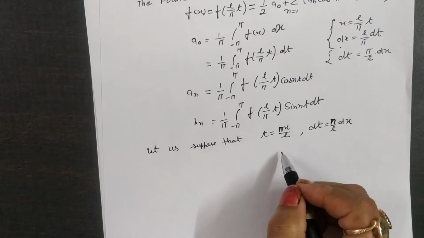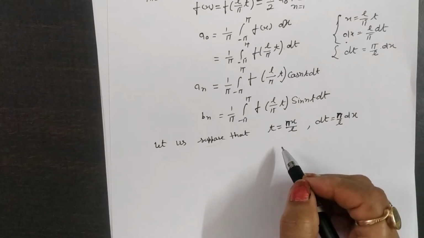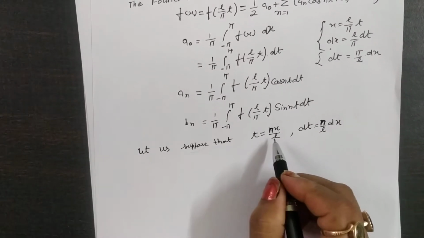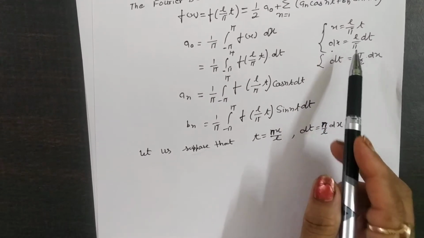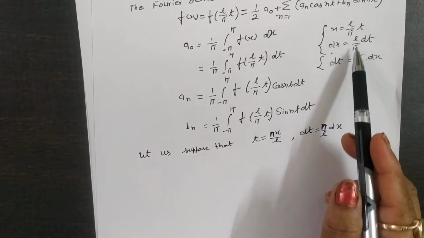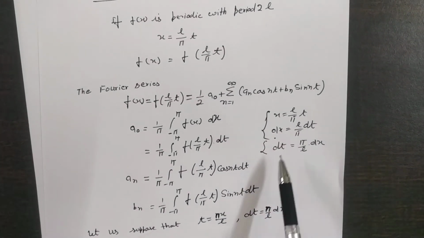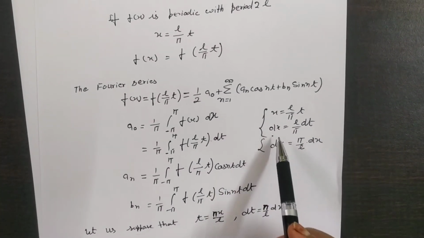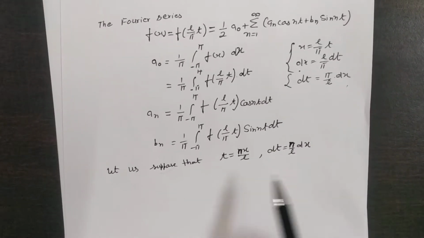For minus pi to pi, if you suppose that the interval is t, then x is equal to L by pi t, so you can obtain t is pi x by L. From this, dx is equal to this thing, dt is equal to this thing. This is the same as here.